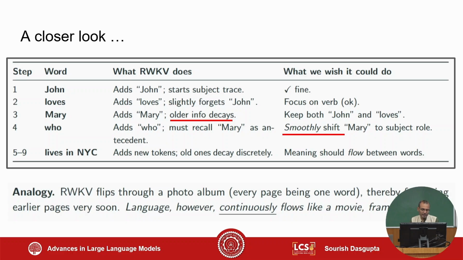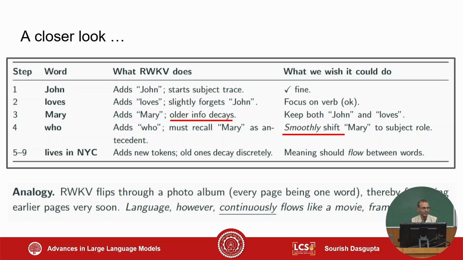I like this analogy. Rockover is almost like flipping through a photo album, where every page is one word. However, what we need is like a movie. Language is more like a movie where, when the frames keep going on, you don't feel like there are discrete frames.